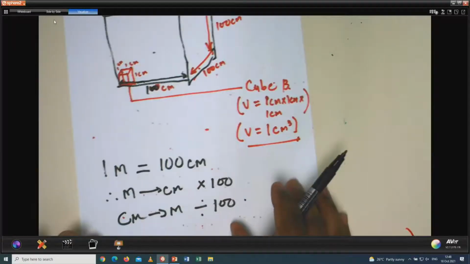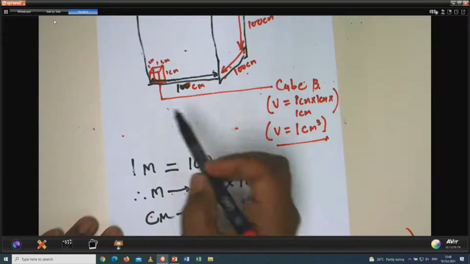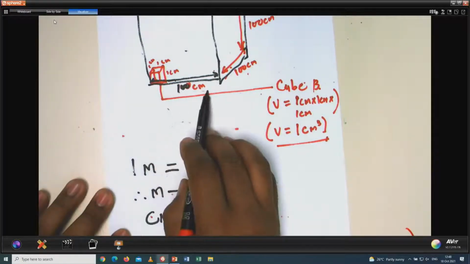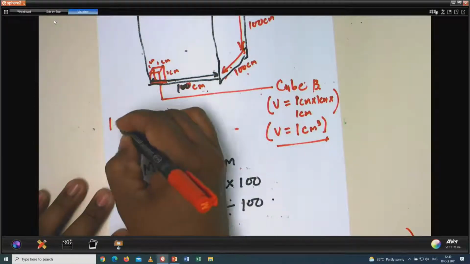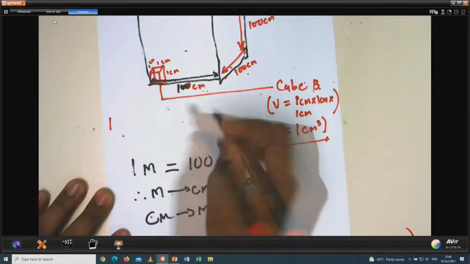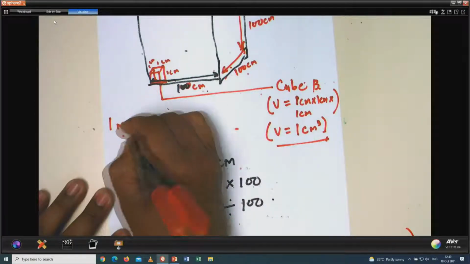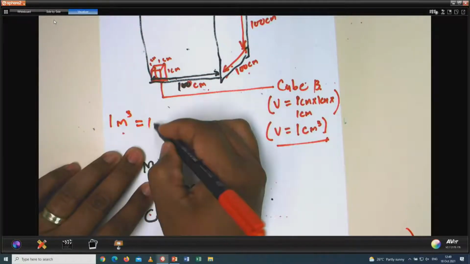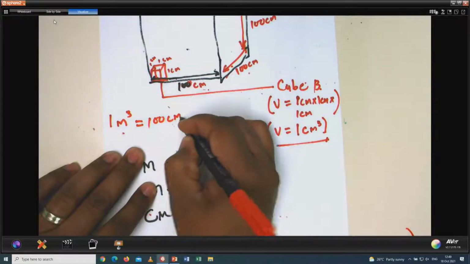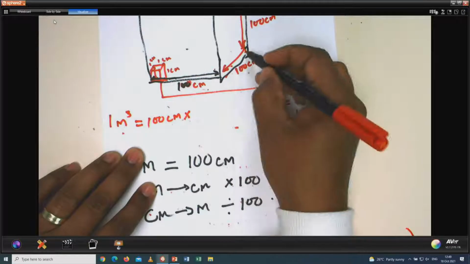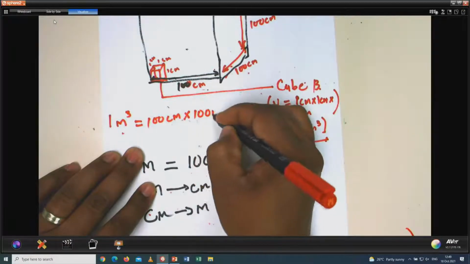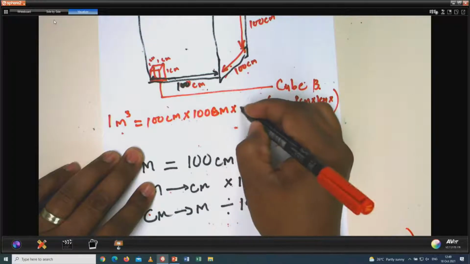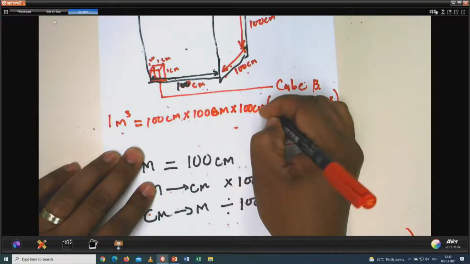So I was trying to demonstrate here that the volume of 1 cubic meter will be equal to, for the small one, 100 centimeters multiplied by 100 centimeters, and then also 100 centimeters.